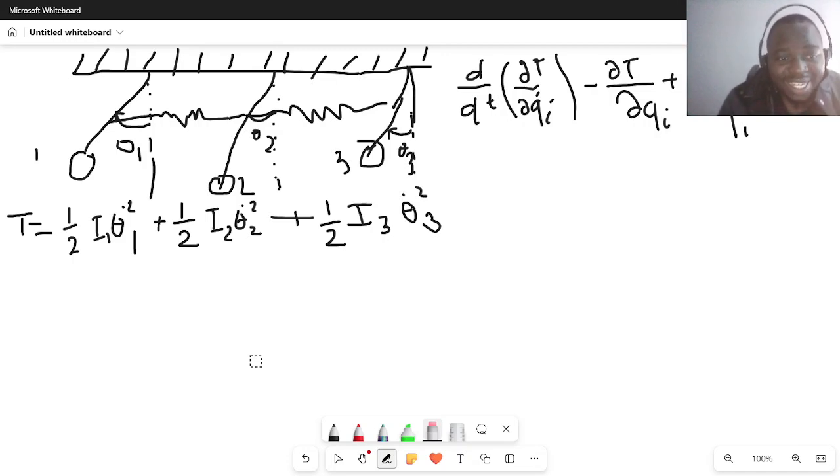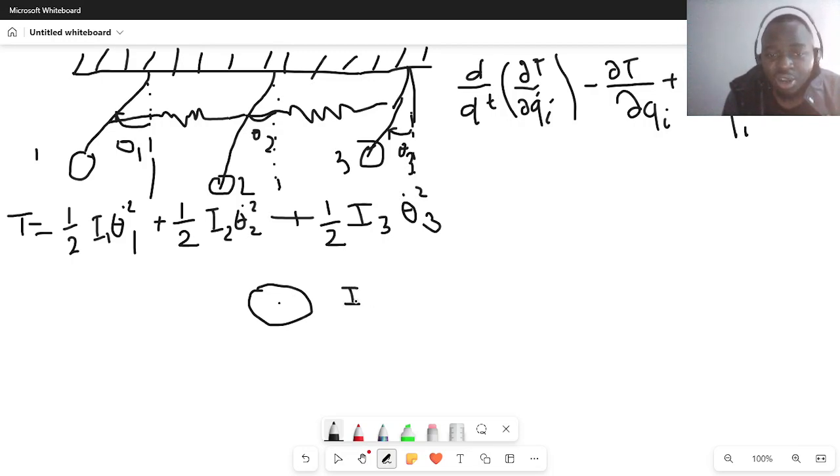Now, what is the next step? It is moment of inertia. If you remember from theory of machines in diploma, we knew that each and every object has its moment of inertia. We have what we call a disk. If this is a disk, if I remember well, moment of inertia of a disk is simply half m r square. If you guys remember well, for which shape again do we usually know?